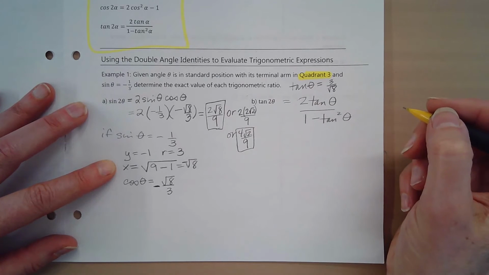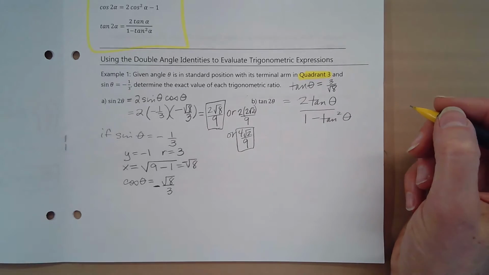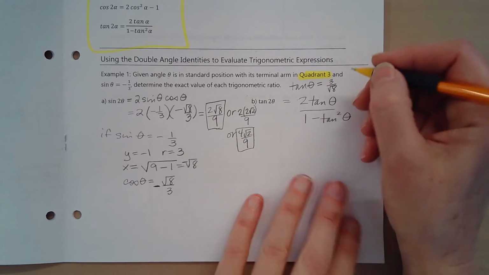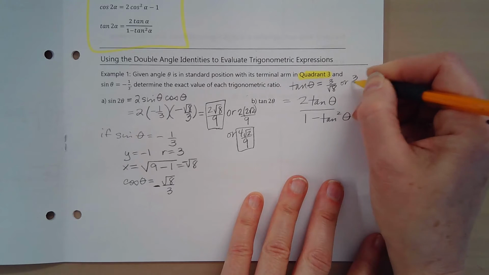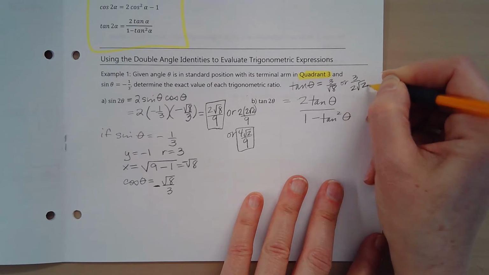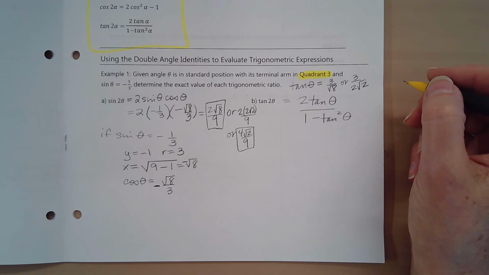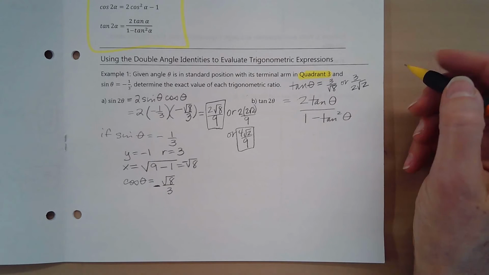Okay, does everyone get 3 over root 8 for tan? Or 3 over 2 root 2 if you wanted to, right? Whichever way. And it's positive, correct? Why is tan positive?